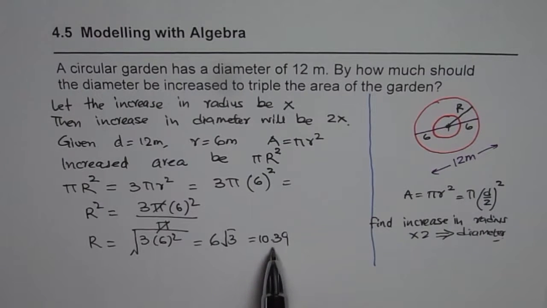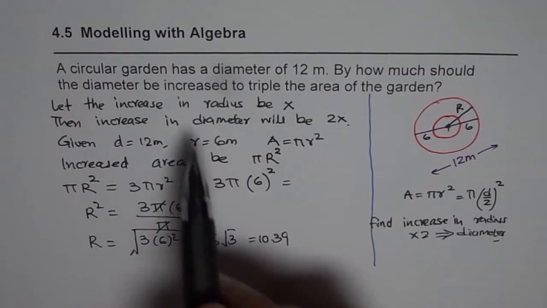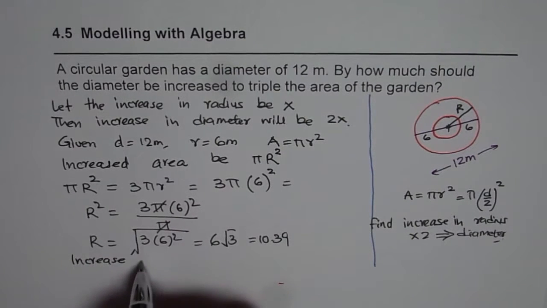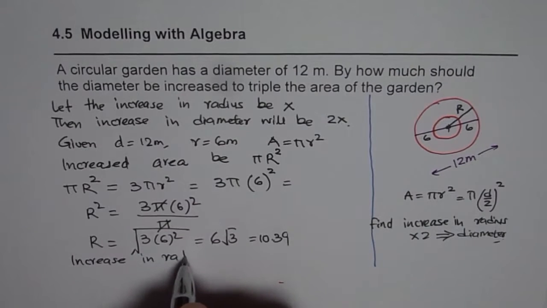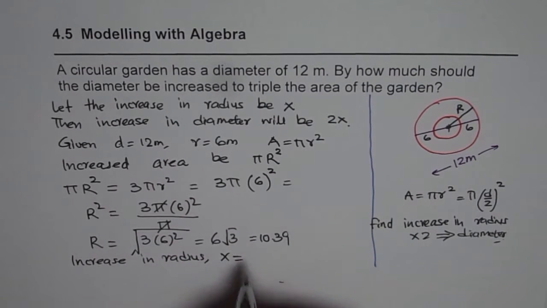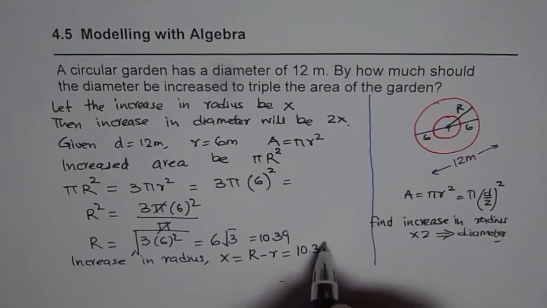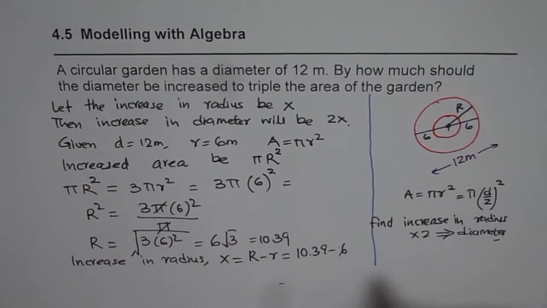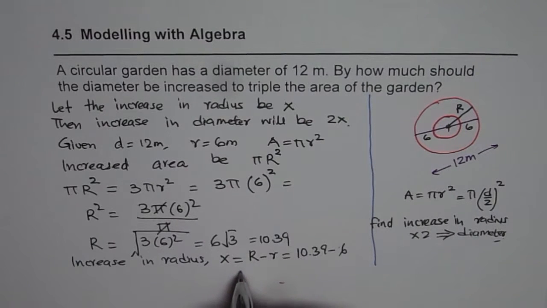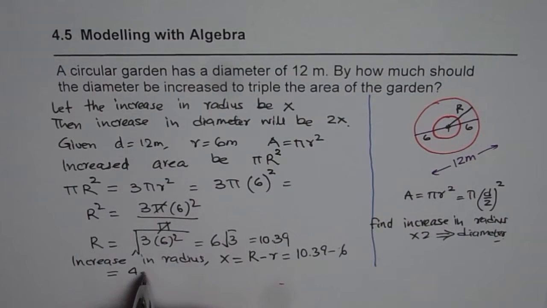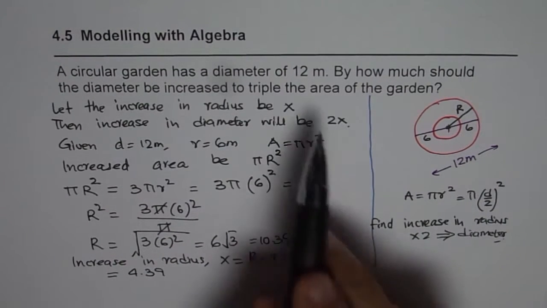Since we have found the value, we can find the increase in radius, which is x, right? So the increase in radius, which is x for us, is capital R minus small r. So capital R is 10.39. We'll take away 6, which is the original given to us, right? So 10.39 minus 6 will give us 4.39, and the units are in meters.